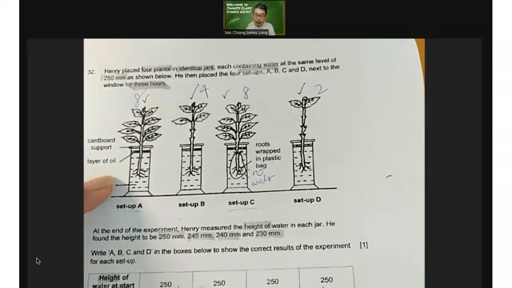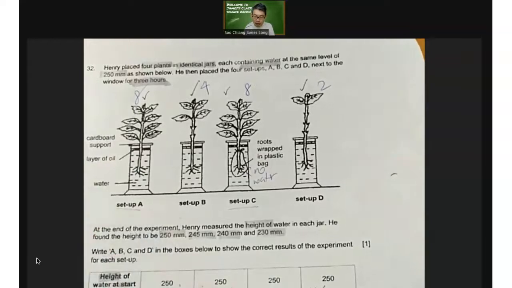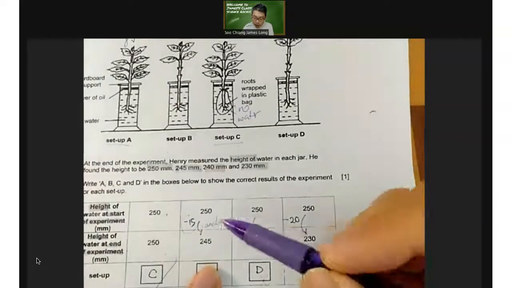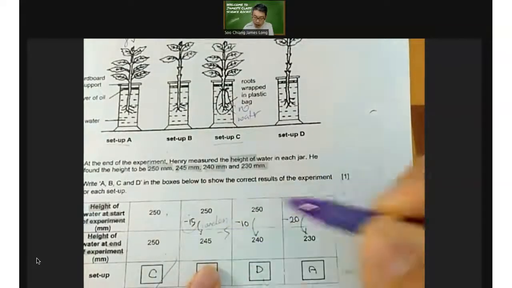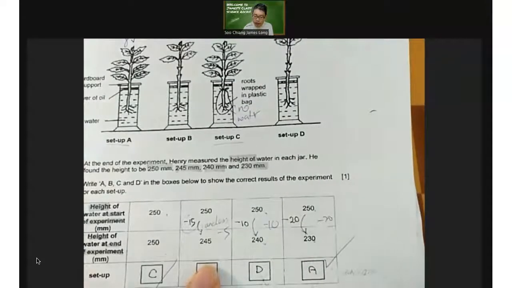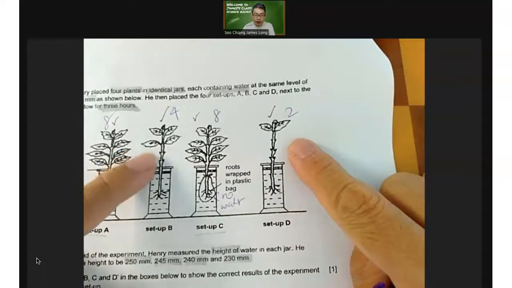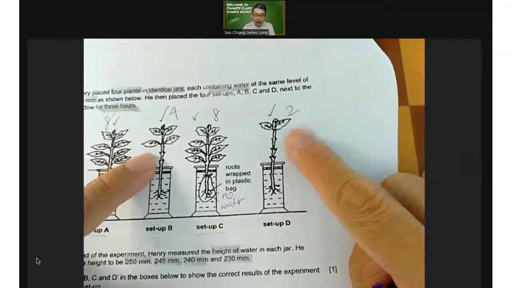There are 2 ways water can be lost here: one is being used for photosynthesis, the other is transpiration. So A will have the least amount of water left. Here is minus 5, here is minus 10, here is minus 20.